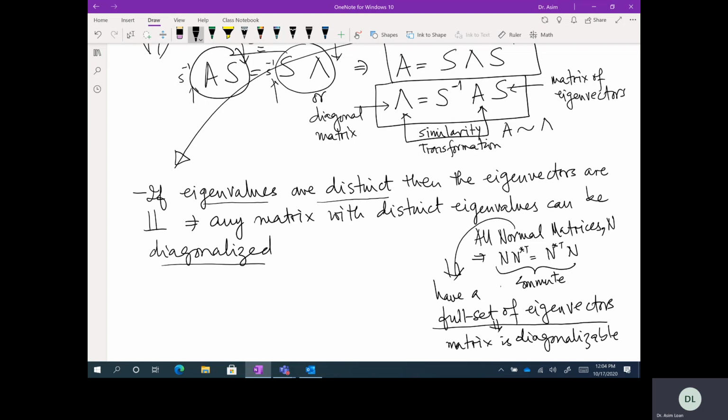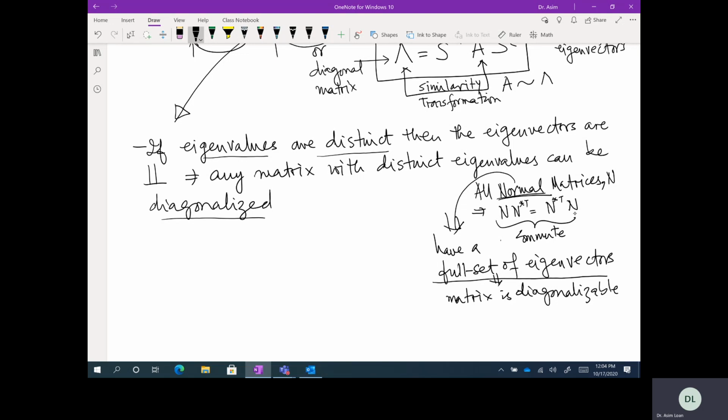So all normal matrices, and normal matrices include the symmetric, the skew symmetric, and the orthogonal matrices and their real and complex counterparts. Obviously, the triangular and the diagonal matrices also commute with each other.